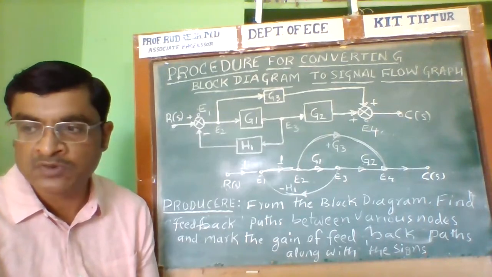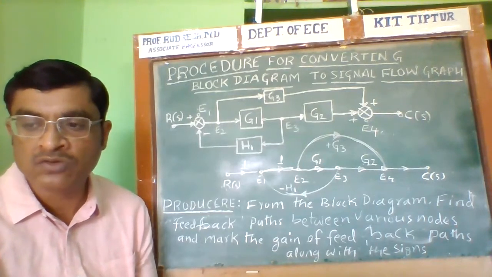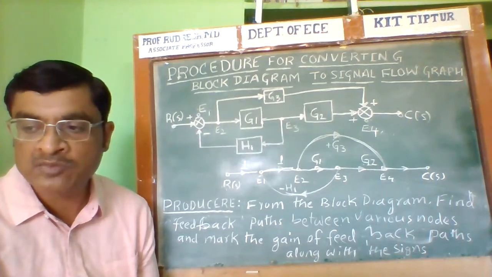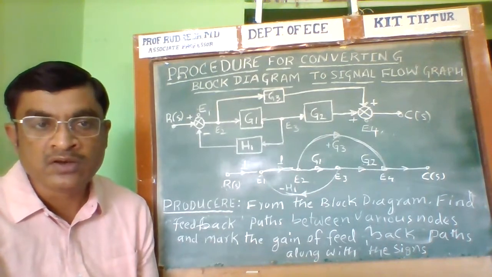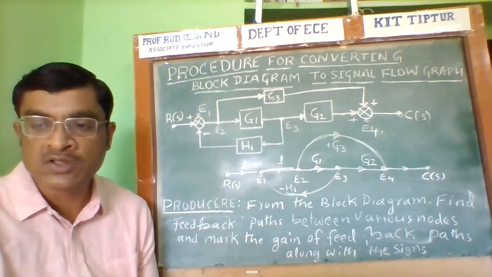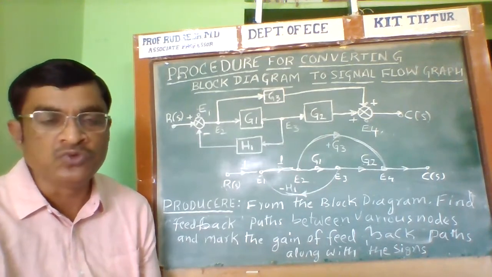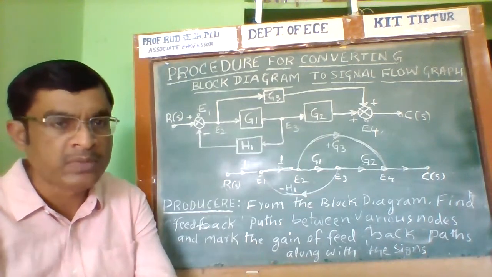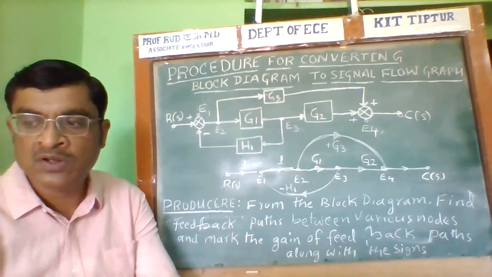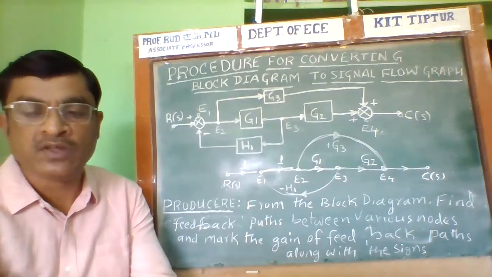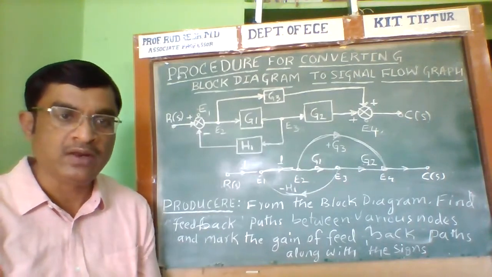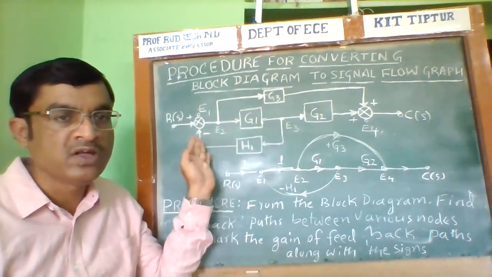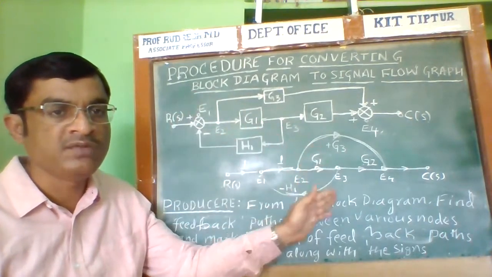Also, block diagram reduction is a tedious process, and it is difficult to choose the rule to be applied for simplification. Hence, it will be easier if the block diagram is converted into a signal flow graph.